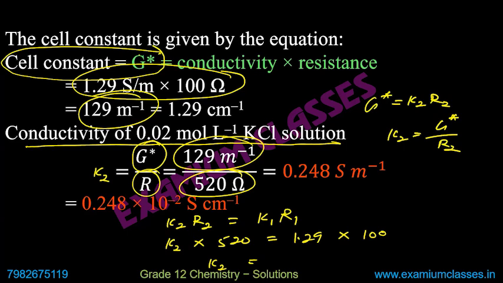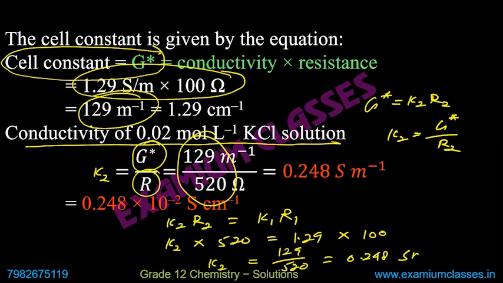Means kappa 2 equals to 1.29 into 100, 129 divided by 520, which is same as you get here, means 0.248 Siemens per meter.